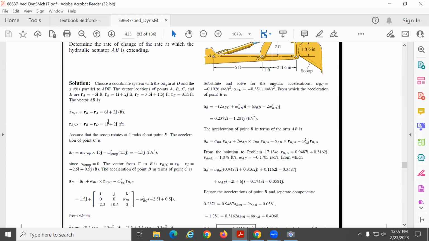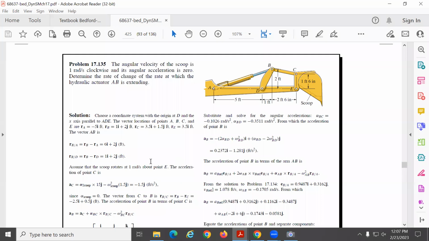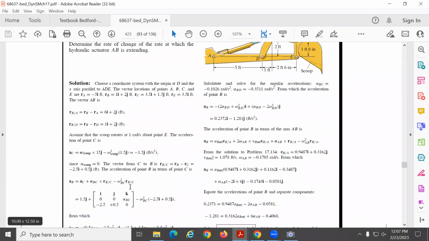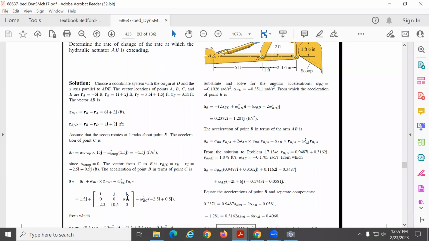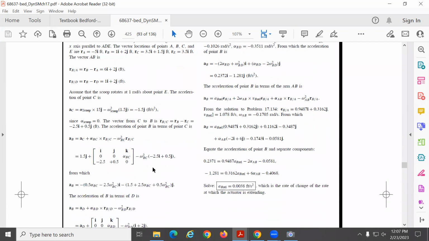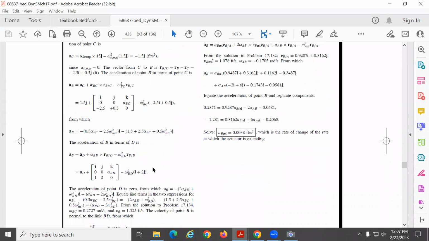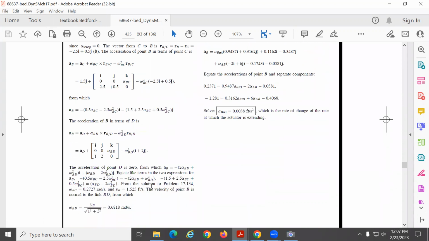So basically, it looks like they find the acceleration of C, that's fine. Same thing, acceleration of B with respect to C. No relative term, everything is defined. They should solve for omega BC and omega BD.